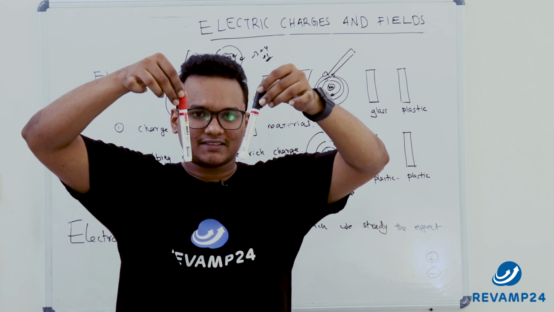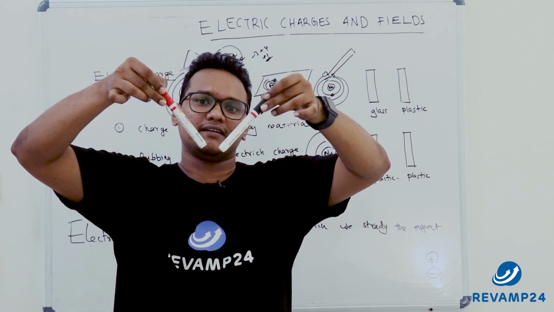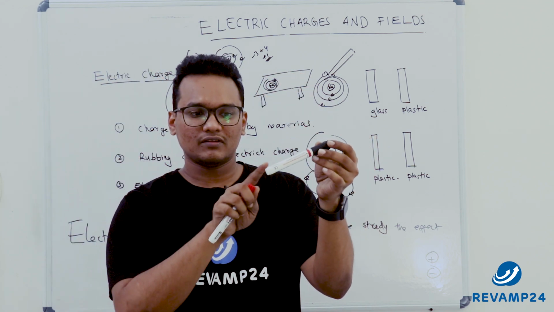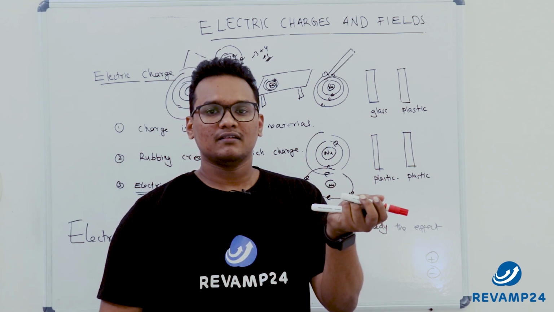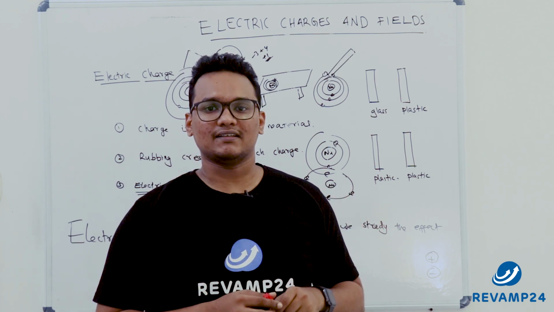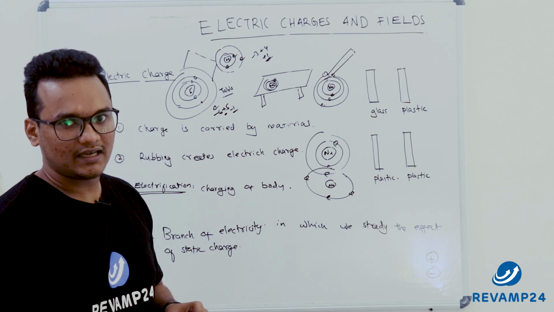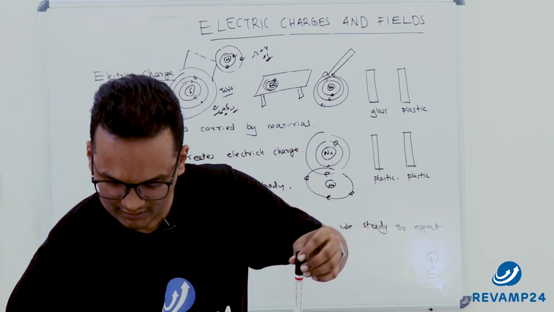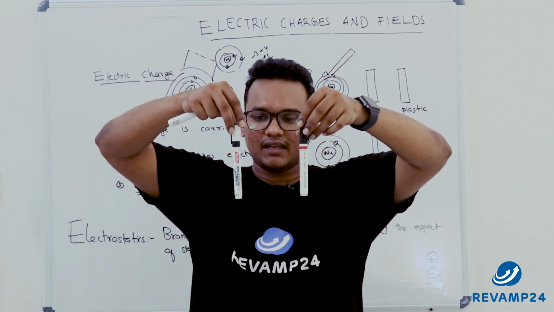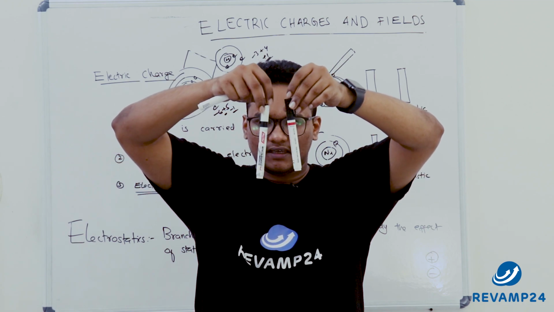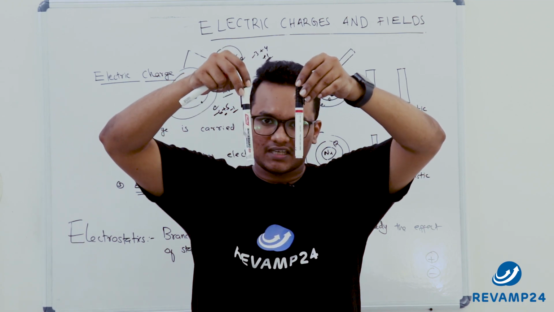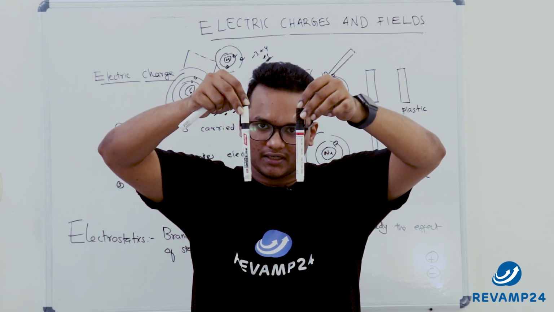But he has seen the plastic rod and glass rod are attracting, which means now these two charges are not like charges, they are unlike charges. Clear? So in the previous case, when it is both the same material, they repelled, which means the charge electrification done for both the materials is the same.